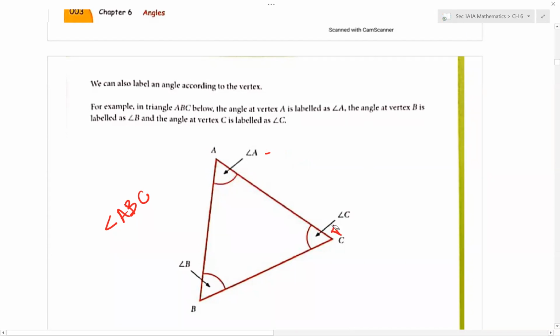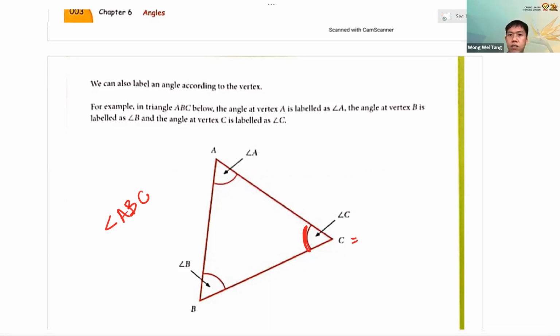Now for the last angle, this triangle, Chloe, can you give me an alternative for angle C? What else can we call it? I give you the start. For example, you can choose to start from point B. So angle C is the same as angle B, then B, C, A, where do we go next?